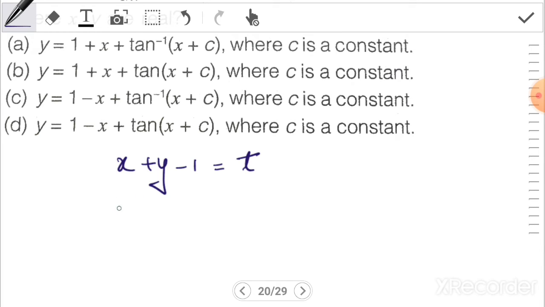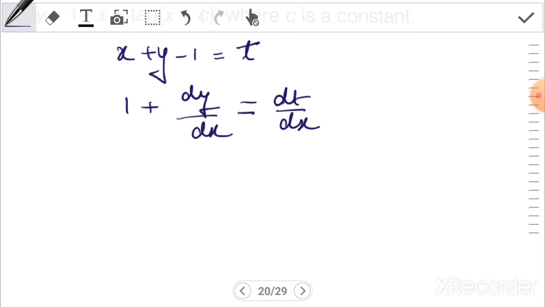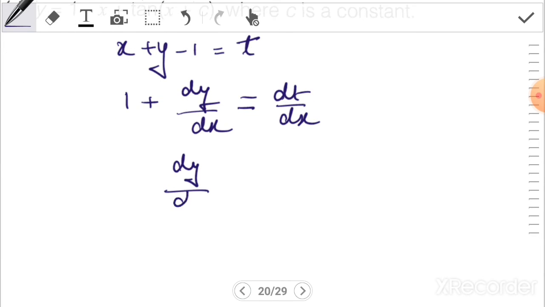Then differentiating with respect to x, 1 plus dy by dx is equal to dt by dx. Then dy by dx is equal to dt by dx minus 1.